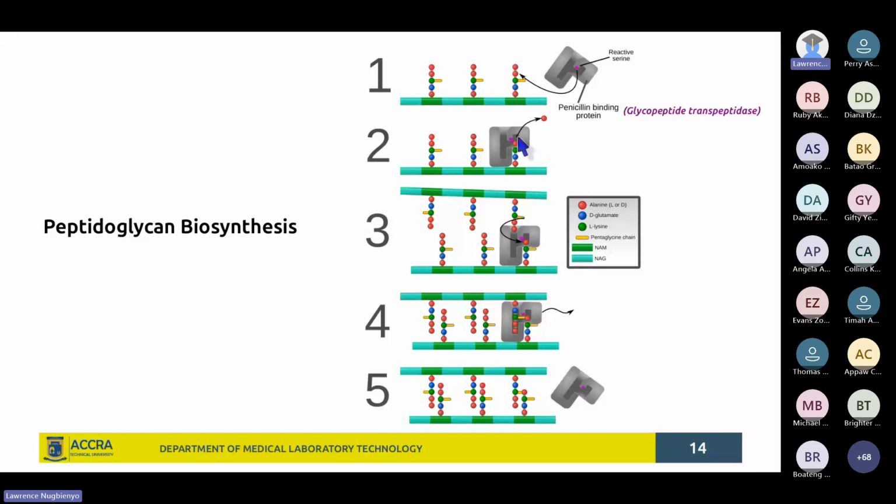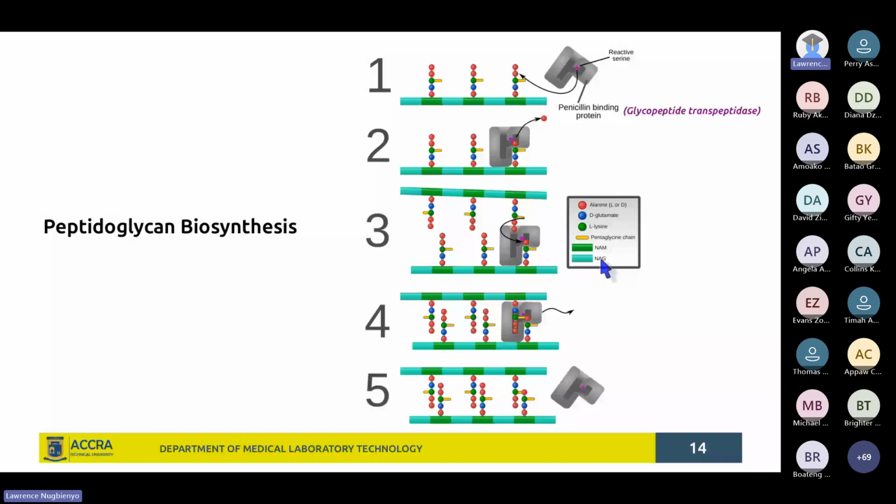Now, what you notice is that in the structure of the cell wall, this teal color refers to N-acetylglucosamine. So the key is here, NAG, that is N-acetylglucosamine.